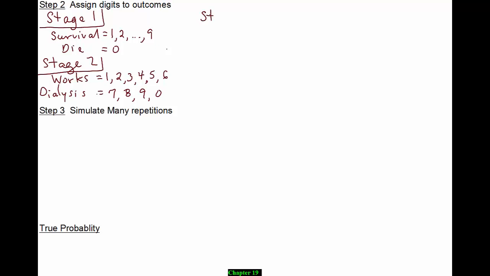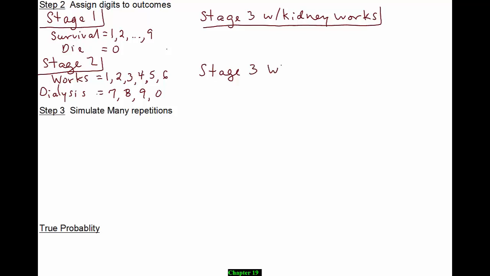And now, we have two separate stage 3s. We have stage 3 with a kidney that works, and we have stage 3 with a kidney that does not work. In stage 3, if you've been on the kidney works branch, then the probabilities are 70 and 30%.